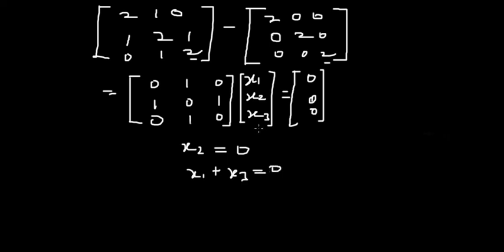And then we have the third one: x1 times 0, x2, and then x3 times 0. So from here automatically we know that for our eigenvectors, x2 is equal to 0.